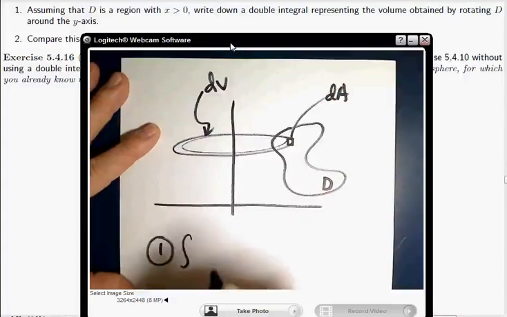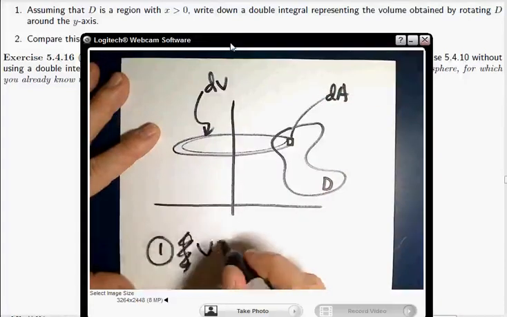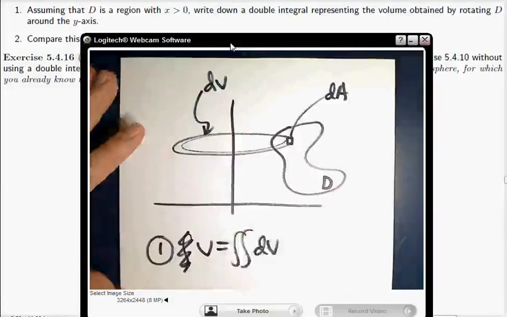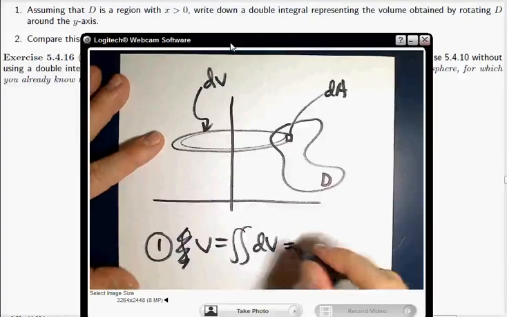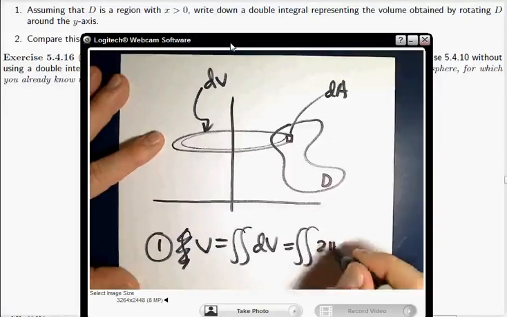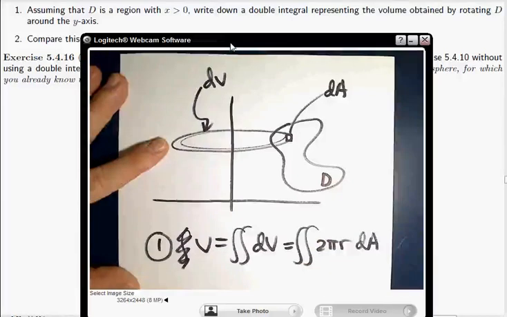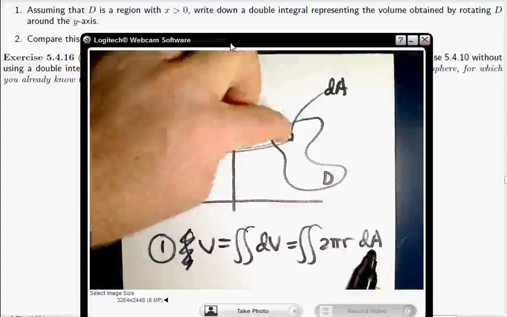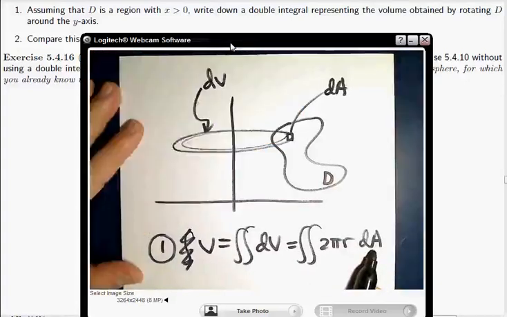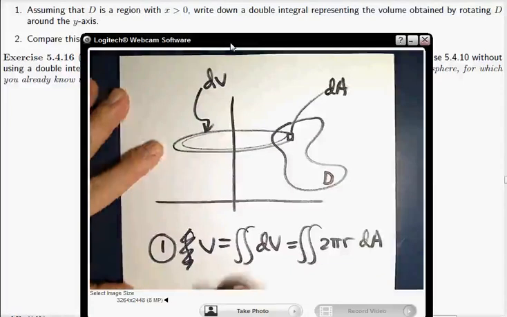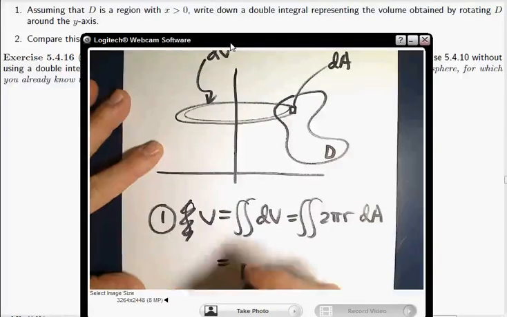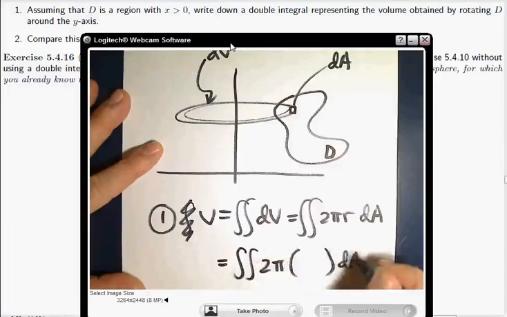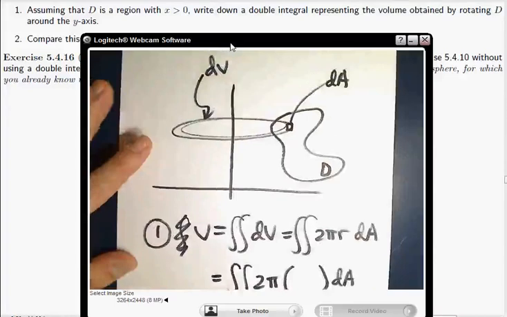I claim that the volume is a double integral. We're going to add up all these little pieces of volume, and each piece of volume is going to be 2 pi r dA, because that's the distance we dragged it, and that's the area that got dragged that distance. There's one more little step. I claim you can actually write down what that r is, because we've chosen a particular line to rotate around.